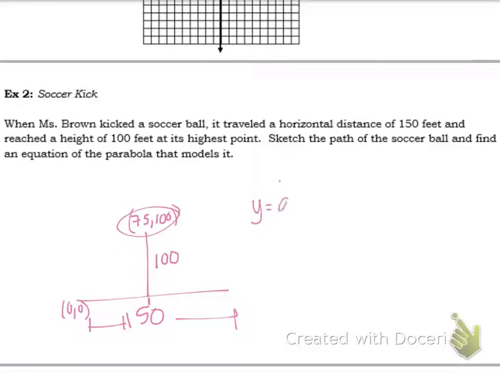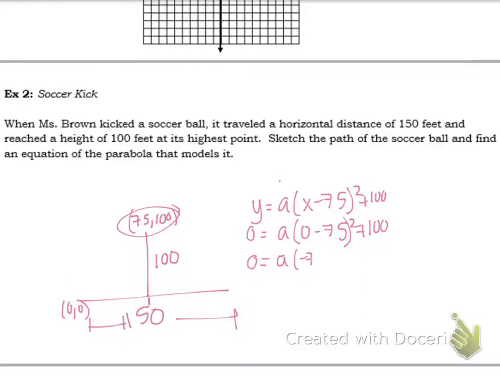So I've got y equals a(x minus 75) squared plus 100. We're going to plug in that (0, 0) because it's an easier initial starting point, to solve for the stretch. So 0 equals a times negative 75 squared plus 100.